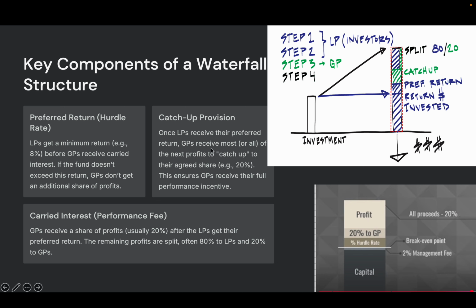Now what is catch-up? Catch-up is, once the LP receives the preferred return, the GP receives most of the next profit. That agreed share is, for example, 20%.